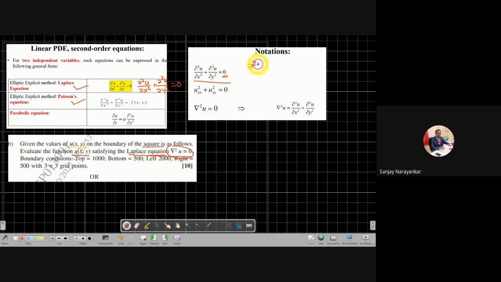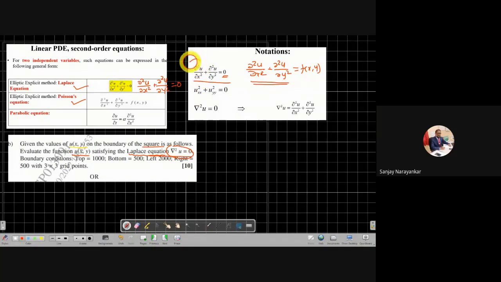Otherwise, if del square u upon del x square plus del square u upon del y square is equal to a function f(x,y), then this is called Poisson's equation. You can find different notations in examination, maybe in questions.